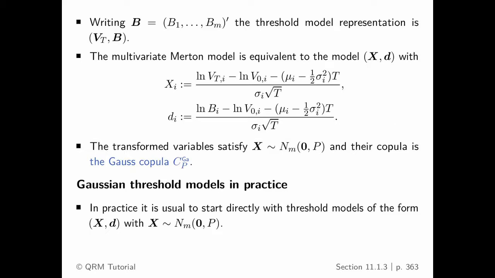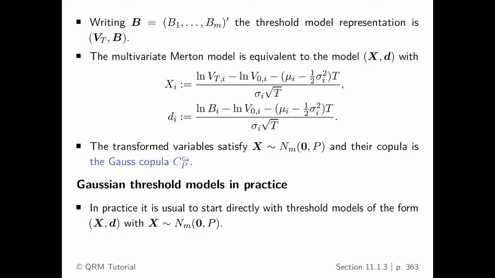As I've said, we can go from asset values to log asset values, and we can subtract mean terms and divide by standard deviations, and we can go from this version of the model to something which is entirely equivalent, where the X's are standard normal, and where the dependencies only come through this correlation matrix rho, or P.